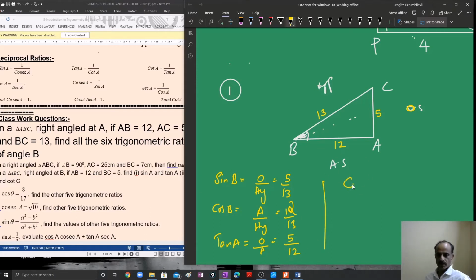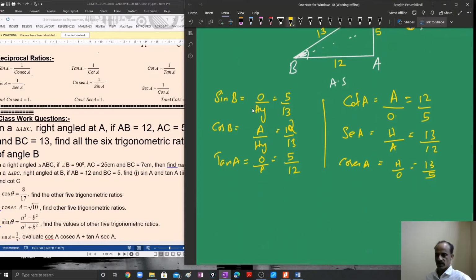Cot B, adjacent side by opposite side, the reciprocal of this, so that is 12 by 5. Sec B, hypotenuse by adjacent side, 13 by 12, and cosec B is hypotenuse by opposite side, 13 by 5. We got all 6 trigonometric ratios.